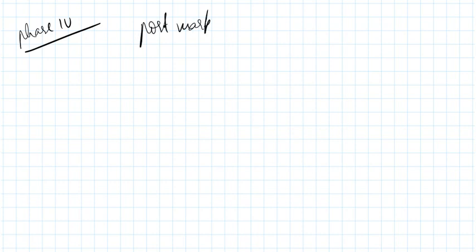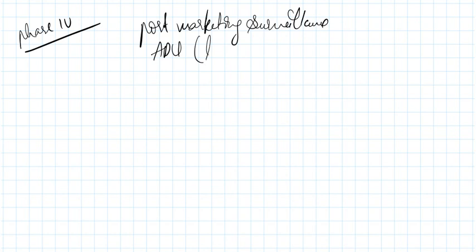Now phase 4. What about phase 4? When you come to phase 4, post-marketing surveillance is done. Adverse reactions, that is long-term as well as rare adverse reactions, are studied in phase 4.